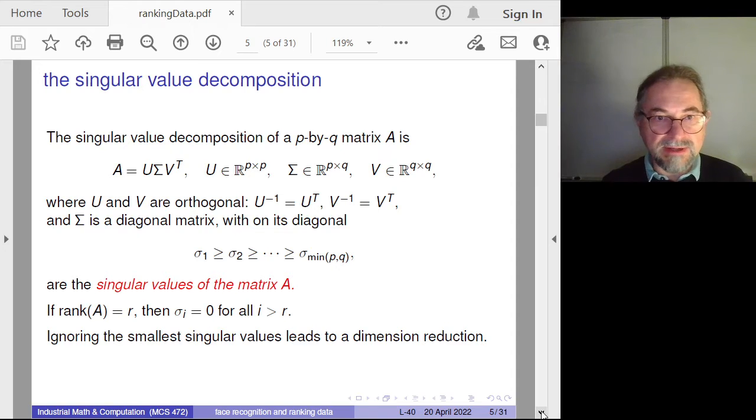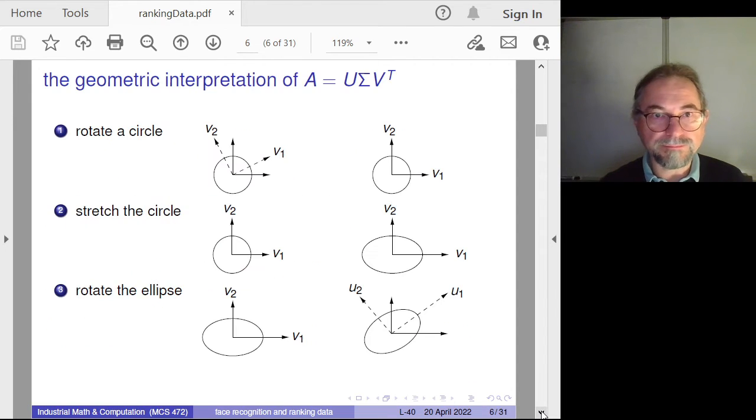If one looks at exact matrices, then the singular value decomposition can be used to define the rank of a matrix. The rank of the matrix is the number of singular values that are not zero. I should also have pointed out that all the singular values are positive. So the singular value decomposition is our major tool.